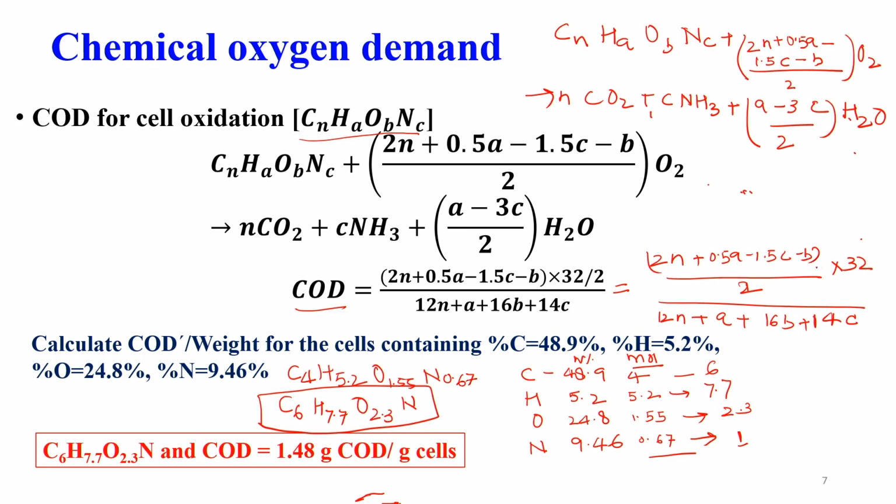A, b, c, everything is known to us. If I calculate the chemical oxygen demand, COD will come out to be 195 divided by 131, which is 1.48 grams per gram of the cell. So this is the chemical oxygen demand for this combustion.